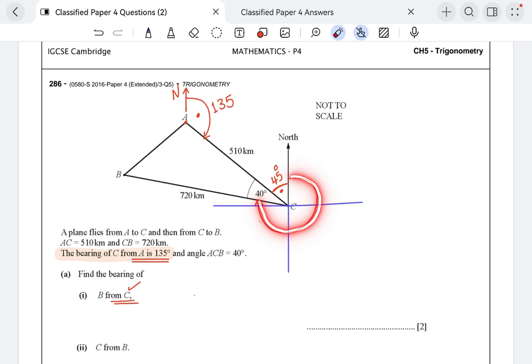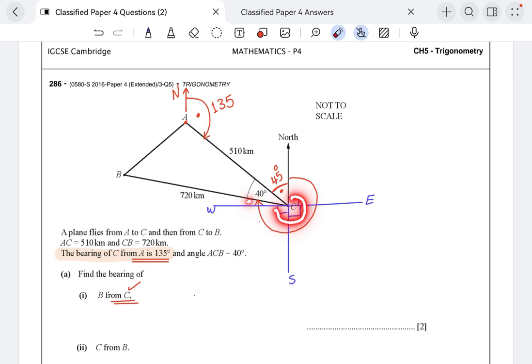I know that here the angle is 90 between the north and east, between the east and south also 90, and between the south and west also 90. So these three 90s add to 270, and we need to know this small part.